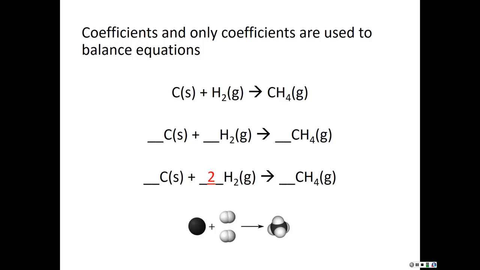So what coefficient do I need to put in front of my Cl2 to get it to balance? 2. A 2. That then is going to change this to 4 Cls, which then will balance out. 4 Cls go in, 4 Cls come out. 1 iron goes in, 1 iron comes out. 2 oxygens go in, 2 oxygens come out. That's a balanced equation.